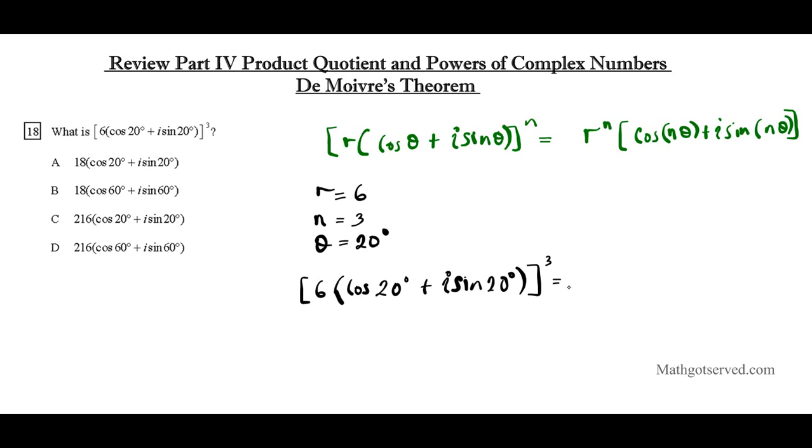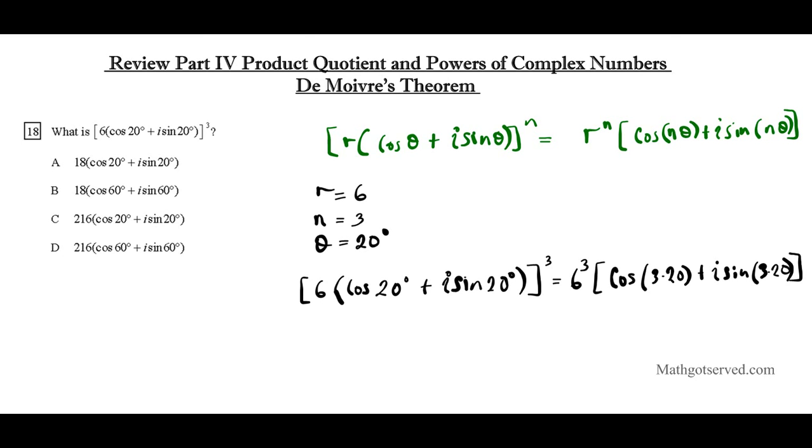So that's going to be 6 to the third, because we have the radius to the power, times cosine 3 times 20 plus i sine 3 times 20.